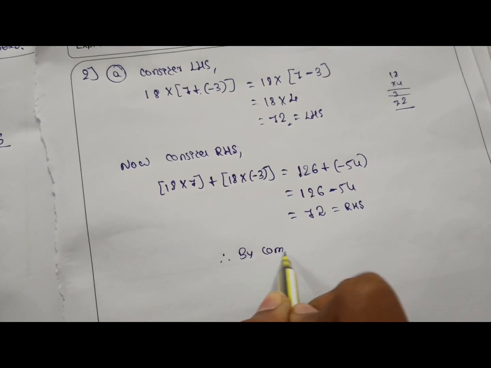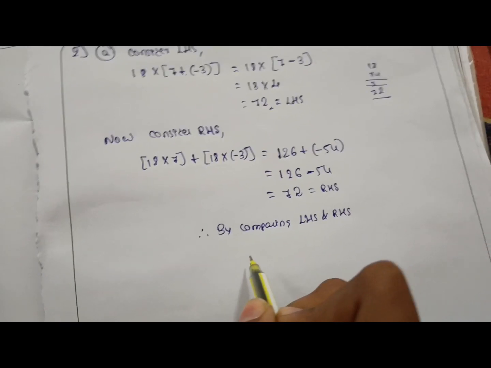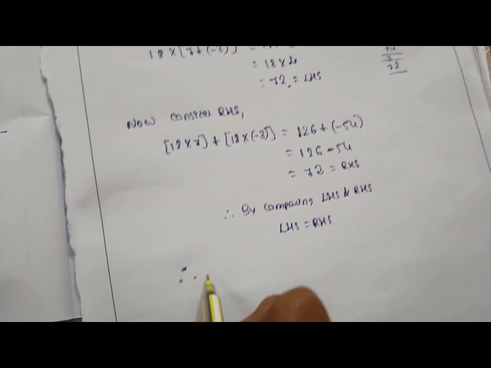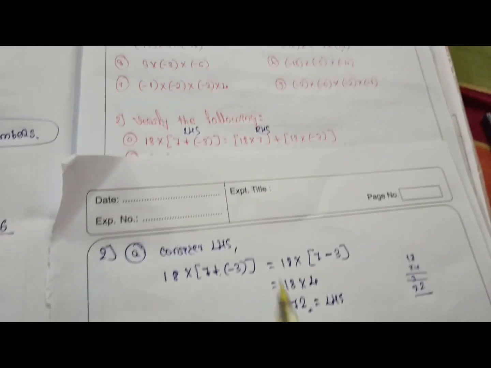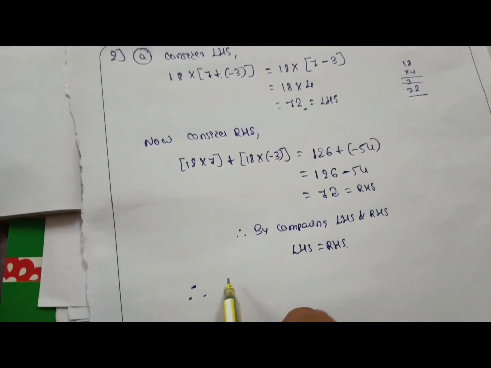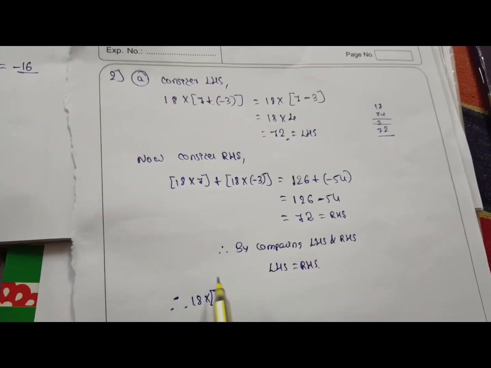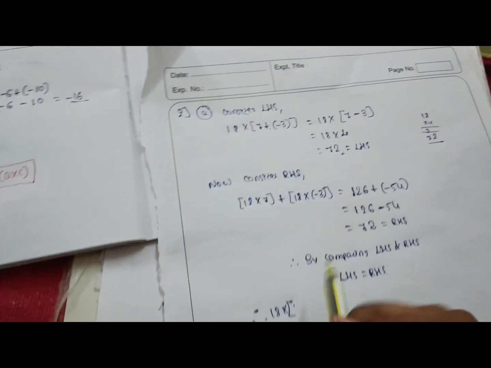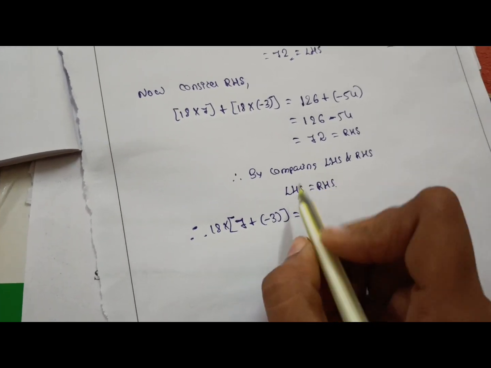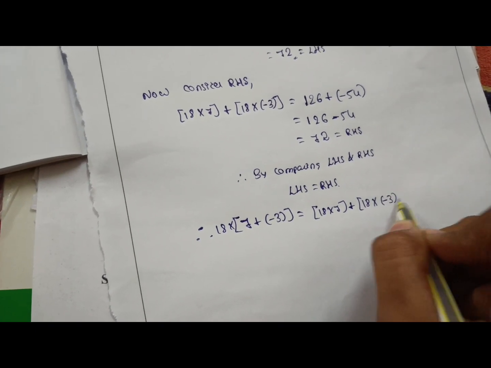Therefore, we can conclude that 18 into 7 plus minus 3 is equal to 18 into 7 plus 18 into minus 3.